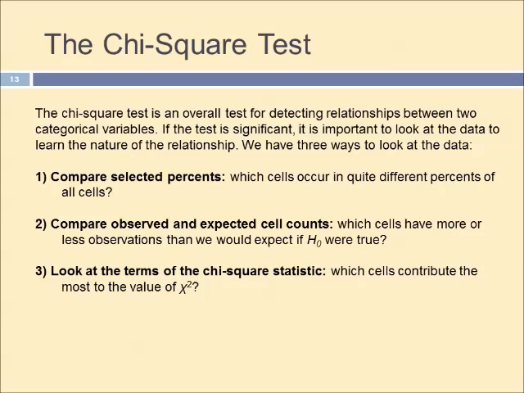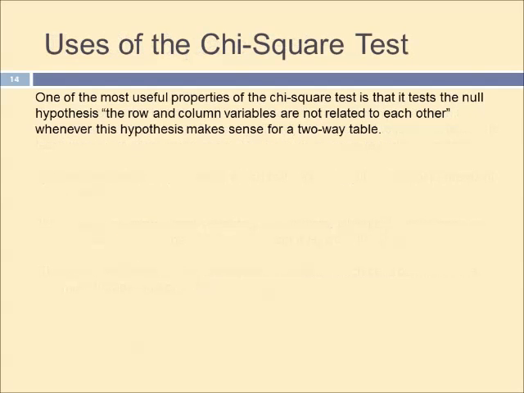Compare observed and expected cell counts, which cells have more or less observations than we would expect if the null hypothesis were true. And we can look at the terms of the chi-square statistic. Which cells contribute the most to the value of chi-square? And number 3 is the one that we're going to use at the end of this particular example.